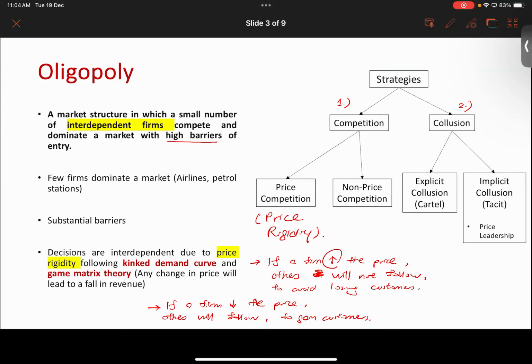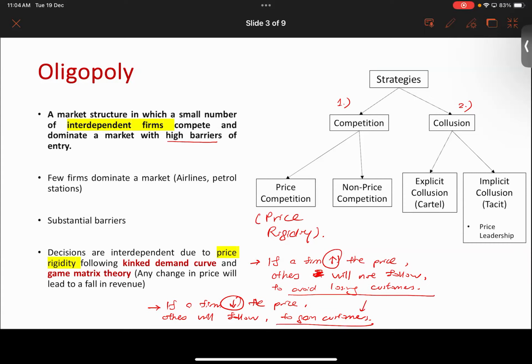If you increase the prices, you surely lose, because other firms don't want to increase, so all the customers will go to other firms. Therefore, you cannot get any new customers. Vice versa, if you reduce the prices, others will follow as well, because they don't want to lose customers.